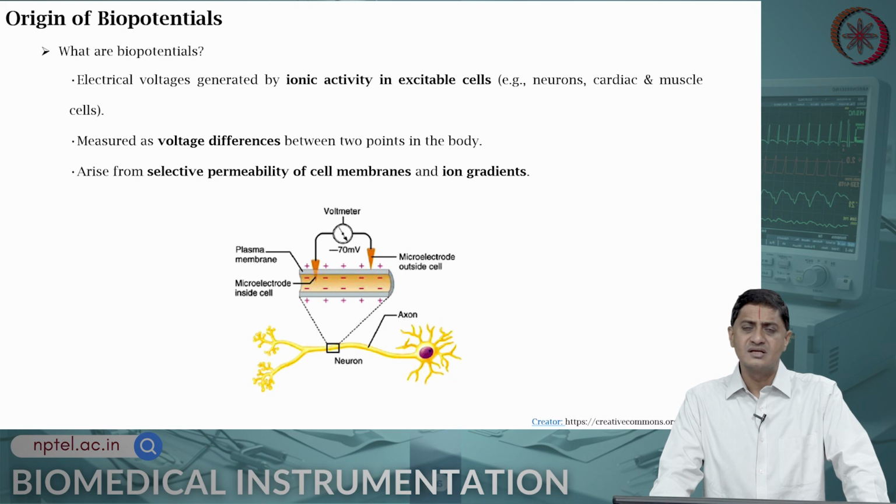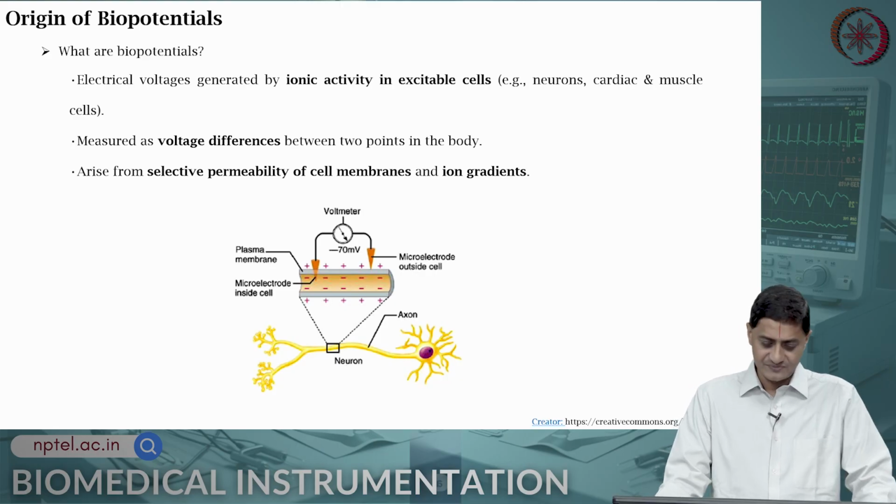Because the plasma membrane or the cell membrane is selectively permeable to specific substances and specific ions, and this creates a concentration gradient, and because ions are also charged, it also leads to an electric potential gradient.